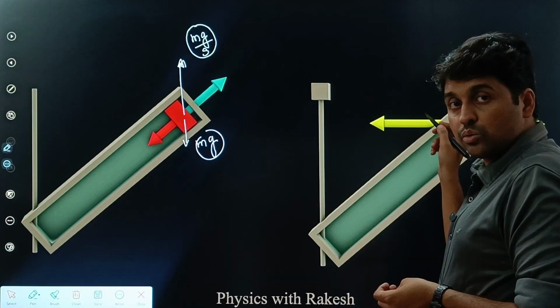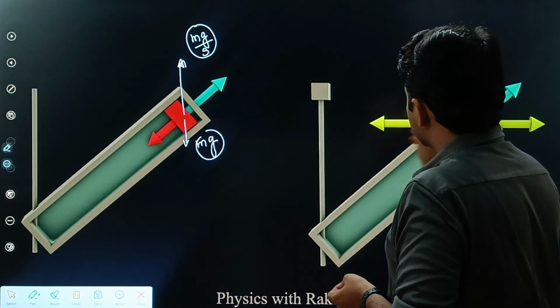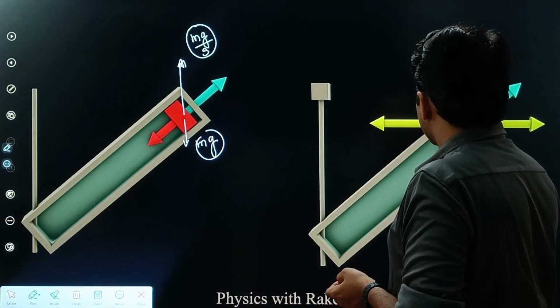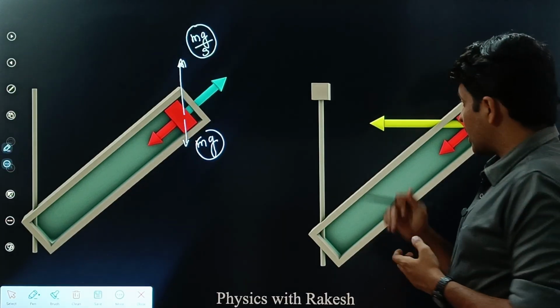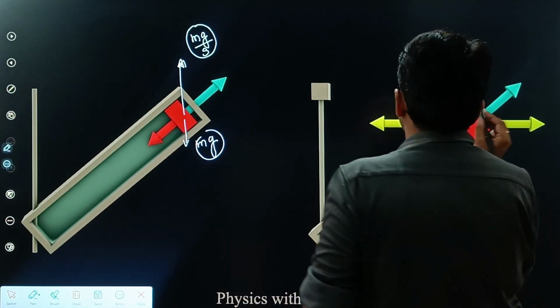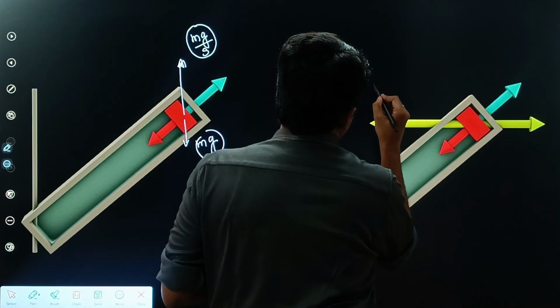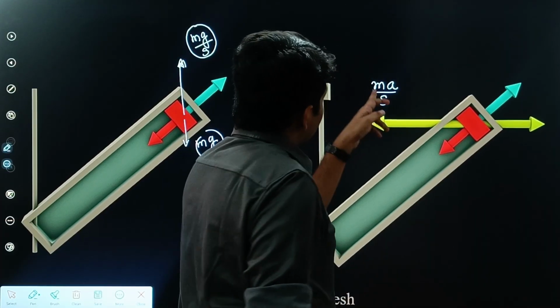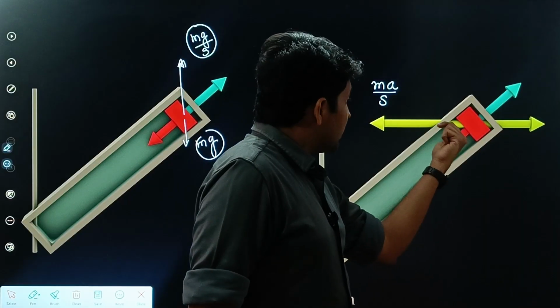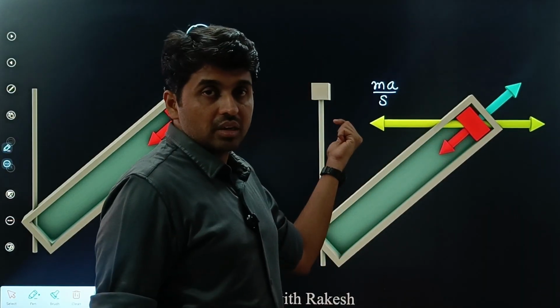Okay. So what will be the buoyant force here? V into rho into a. So acceleration, if this is some L, this will be L omega square in this direction. So let us just write ma by s will be the buoyant force in this direction.